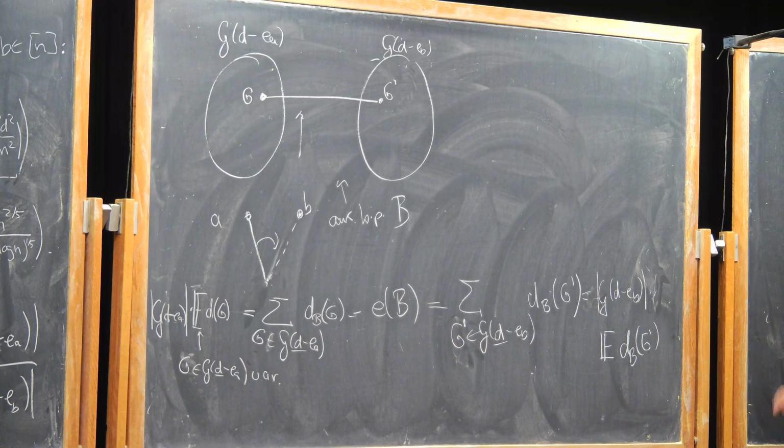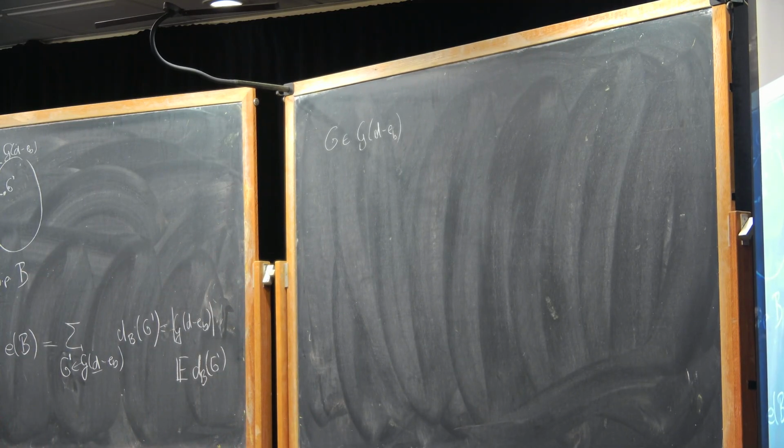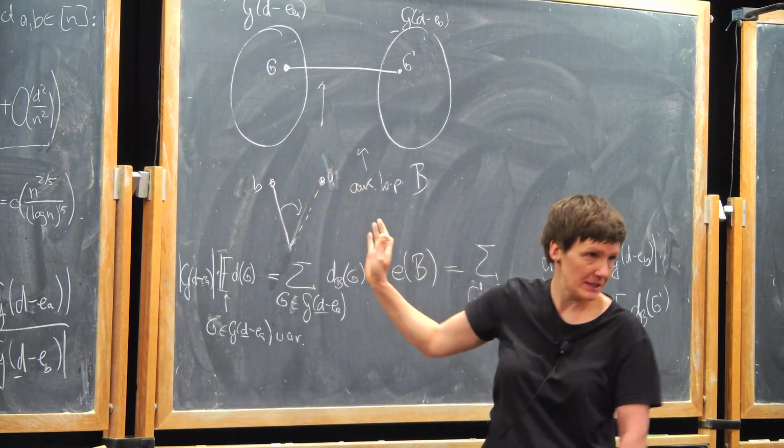Well, let's say we pick a graph G in G of D minus EA. Let's pick it in G of D minus EB. All right, yeah. I think to go from here to here, I would have to go from vertex B to vertex A, but it's symmetric.